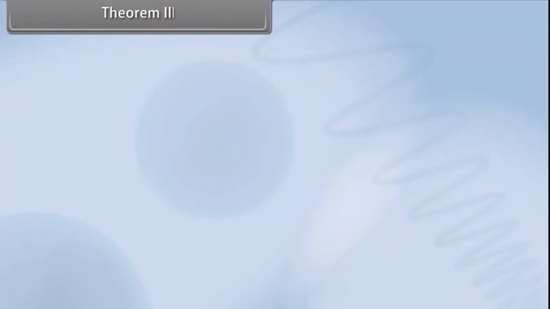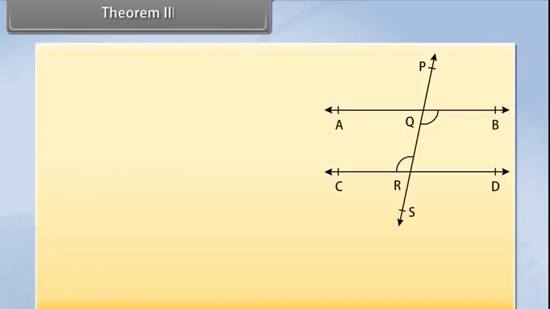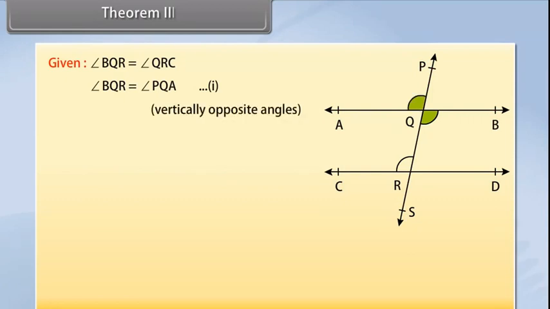Theorem 3. Now using the converse of the corresponding angles axiom, we can show the two lines are parallel if a pair of alternate interior angles is equal. Come, let us check. Here the transversal PS intersects lines AB and CD at points Q and R respectively such that angle BQR is equal to angle QRC. Also, angle BQR is equal to angle PQA because these are vertically opposite angles. Mark it as 1.